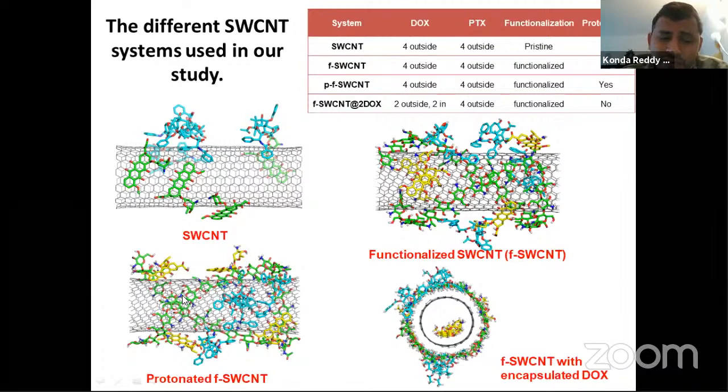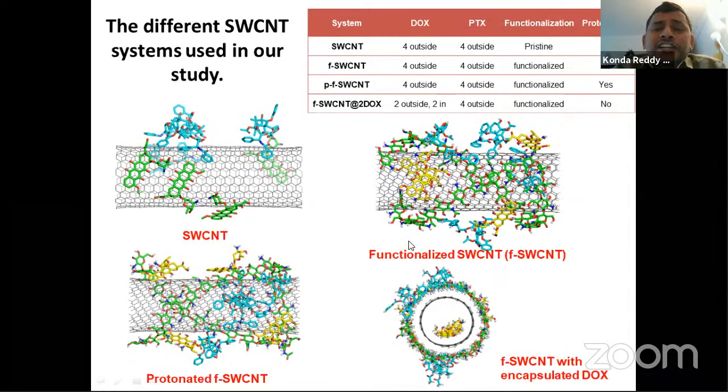And then the third one we have used is the protonated, where both Chitosan and drugs are protonated, and then we have shown how the drug releases. And the fourth one is where we encapsulated the DOX molecules in the carbon nanotube, and then we have studied encapsulation.